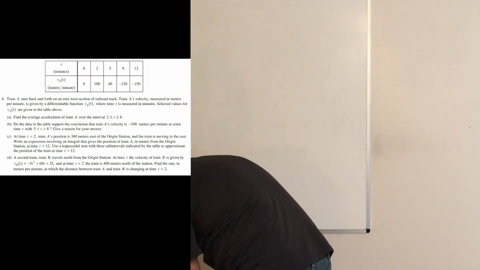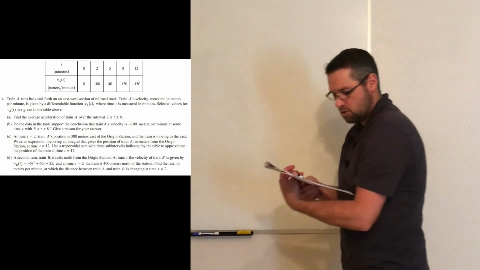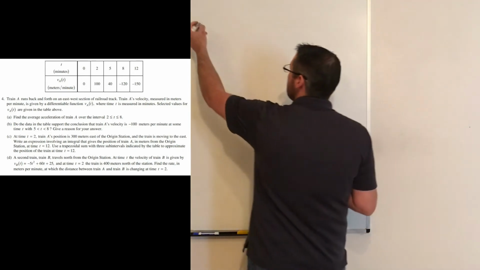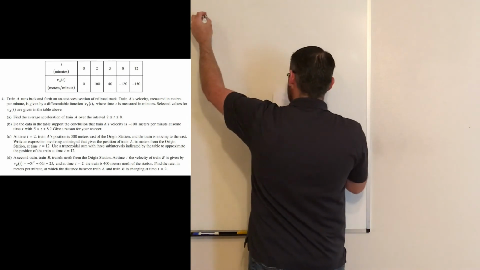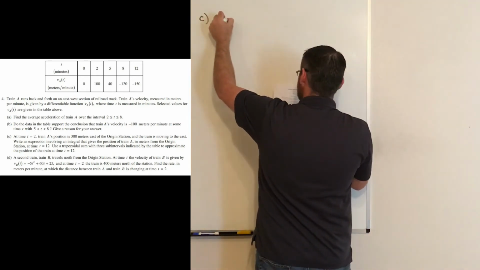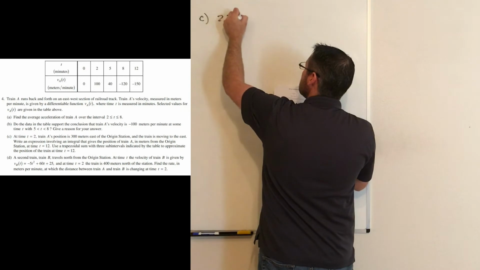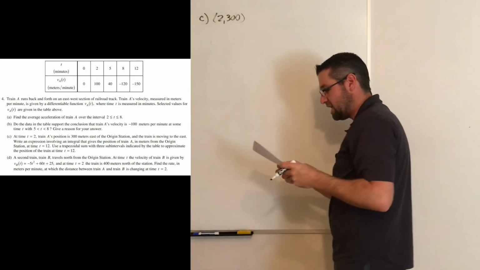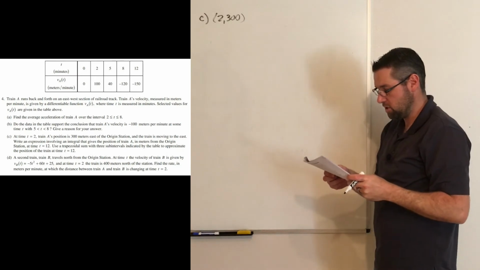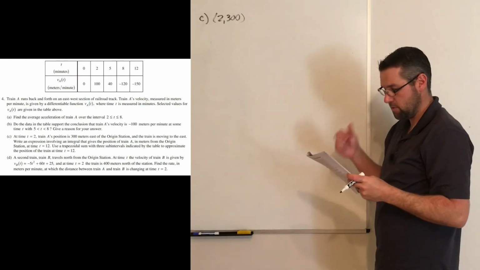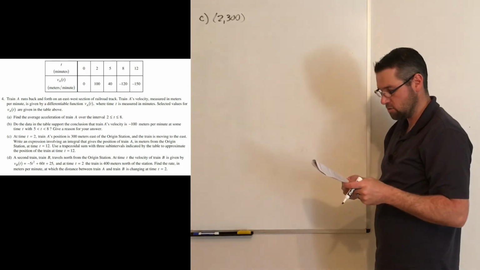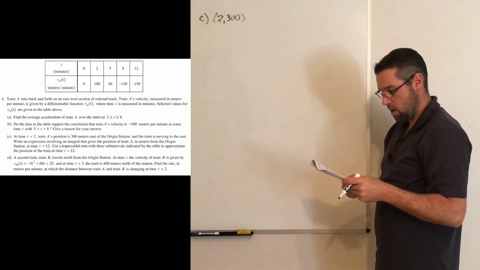All right, going on to part C. Part C says, at time t equals 2, train A's position is 300 meters. So we can see that in part C, we're given an initial condition of (2, 300). So at time 2, the position is 300 meters east of the origin station, and the train is moving to the east. Write an expression involving an integral that gives the position of train A in meters from the origin station at time 12.